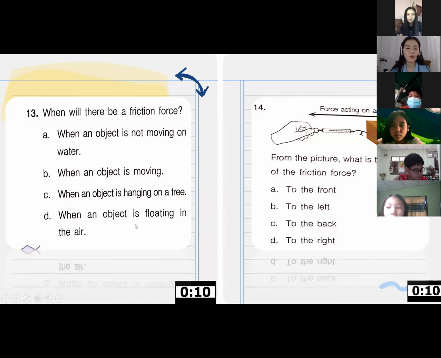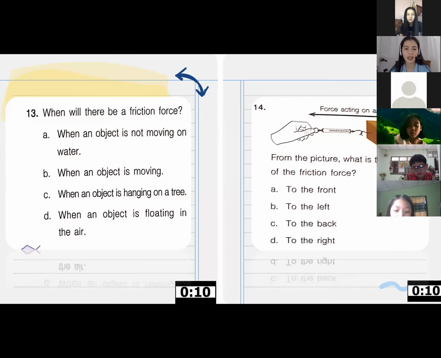Or D. When an object is floating in the air. We said that there's a friction force when objects are moving and objects are rubbing, right? Is it A, B, C, or D?